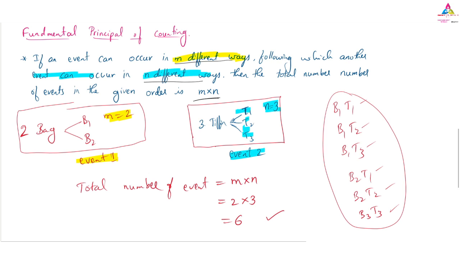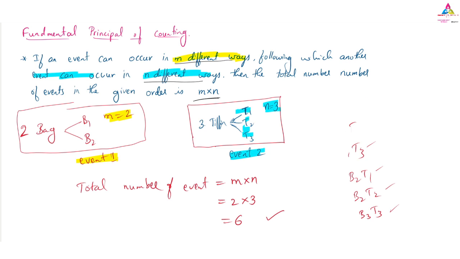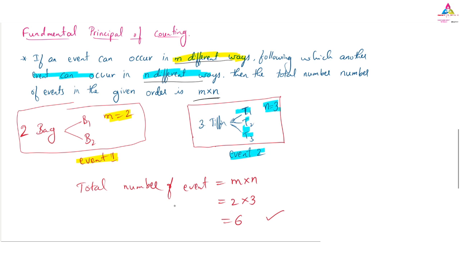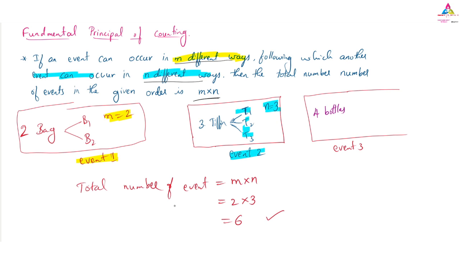Similarly, they have not mentioned that we must have only 2 events. We may have more than 2 events also. So I took one more event: the 4 bottles you might have seen. The 4 bottles are event number 3. According to the fundamental principle of counting, they had m into n because we had taken only 2 events.